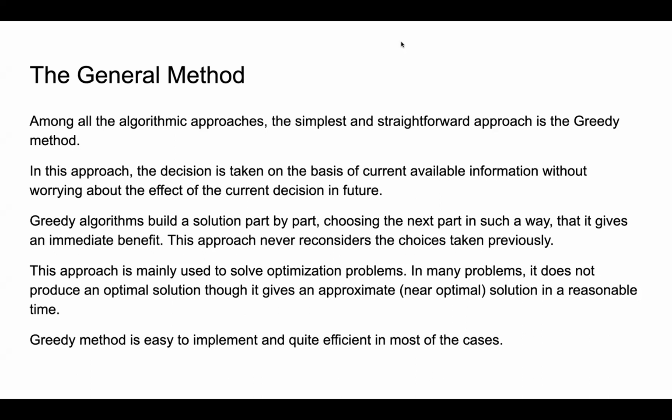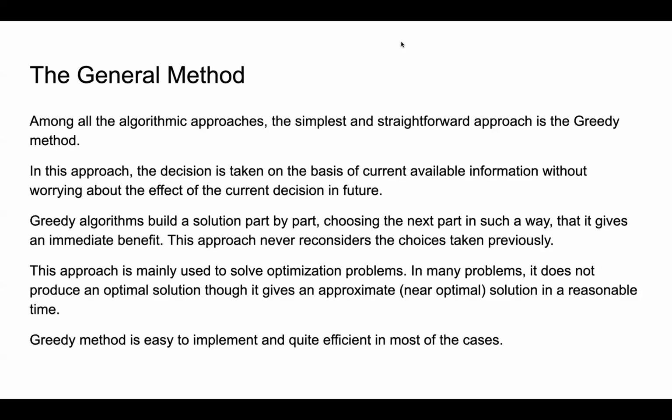Okay, whichever information we have currently, the past information is also included. Means whichever steps we are going to perform in the current state, and whichever steps we have already followed in the past, all these are considered in the greedy method, without worrying about the effect of the current decision in future.